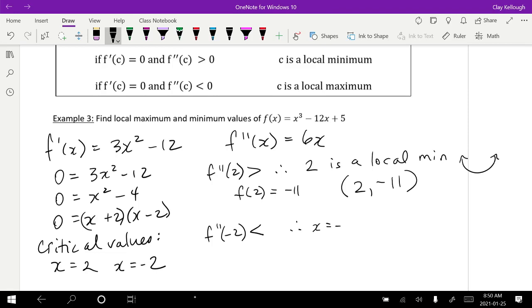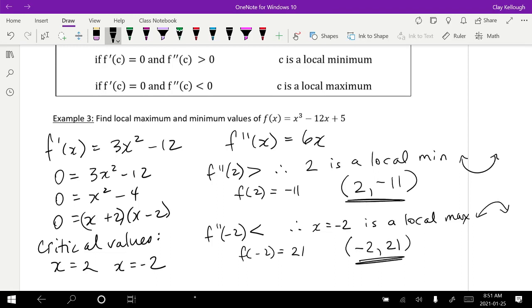Therefore, x equals negative 2 is a local max. So I have that happening. And of course, I'm going to want to know what f of negative 2 is. I already worked this out. It turns out to be 21. So at negative 2, 21, I have a local maximum, and at 2, negative 11, I have a local minimum.